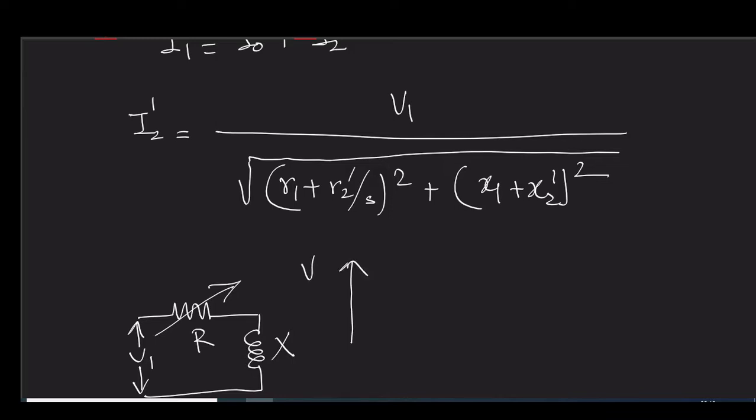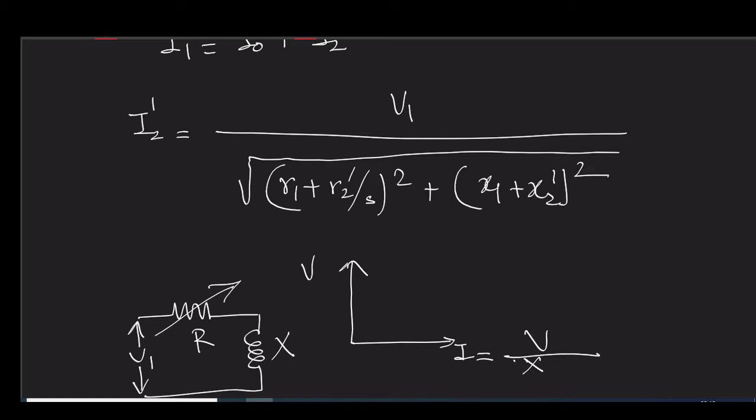then when r is 0, although here the minimum resistance value will be r1 plus r2 dash by s, still what you can have here is that for r equal to 0, lagging current I, that is equal to V by X, right?